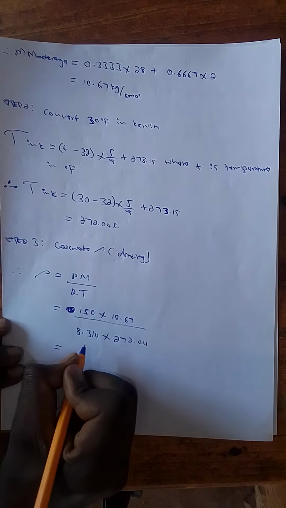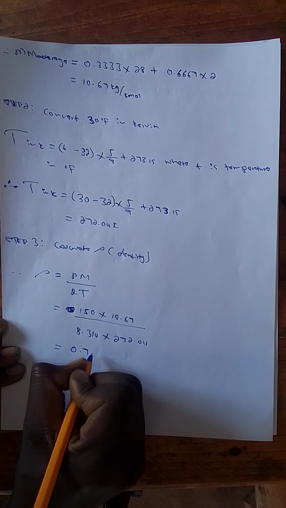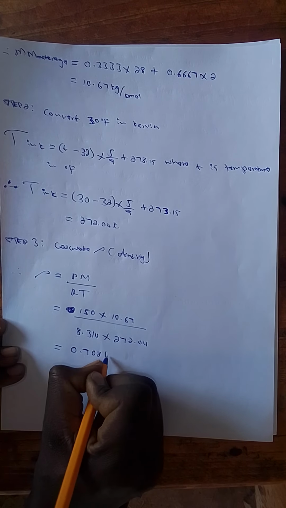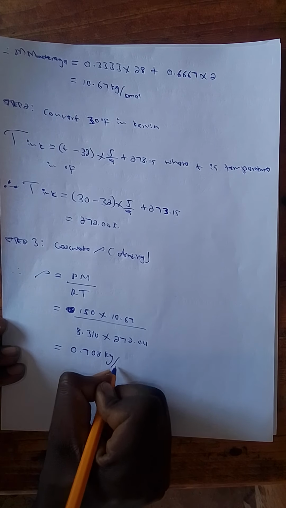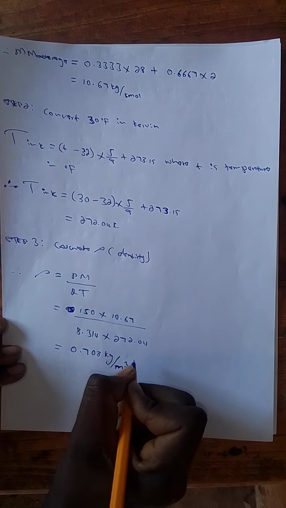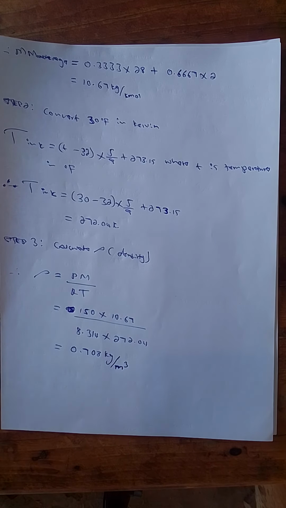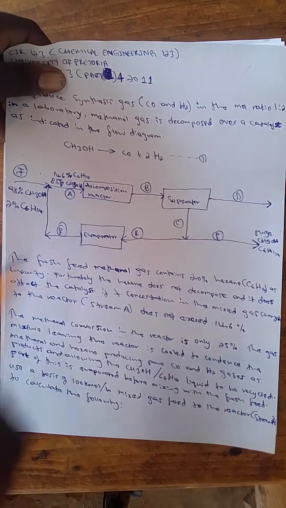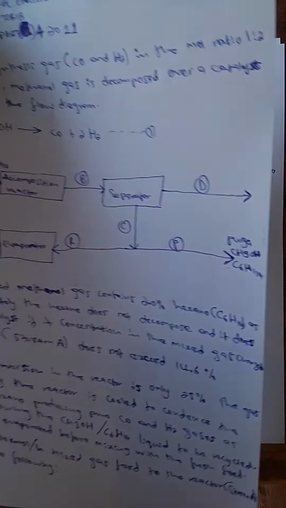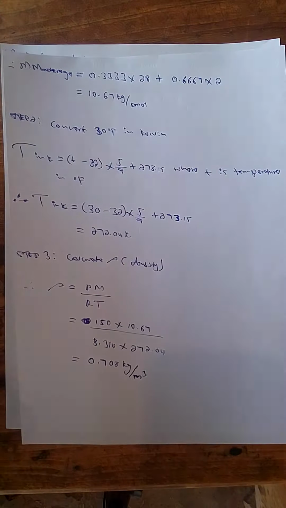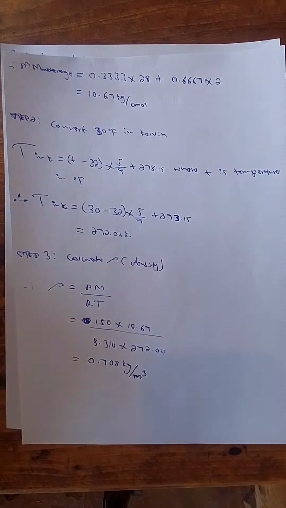If you use your calculator, it gives you 0.708 kilograms per meter cubed. This then becomes the density of the gas stream under the conditions that the temperature is 30 degrees Fahrenheit and the pressure is 150 kilopascals absolute.